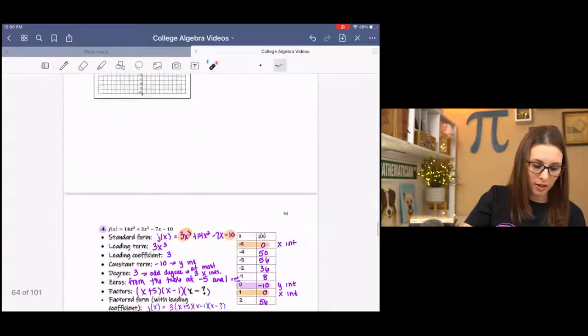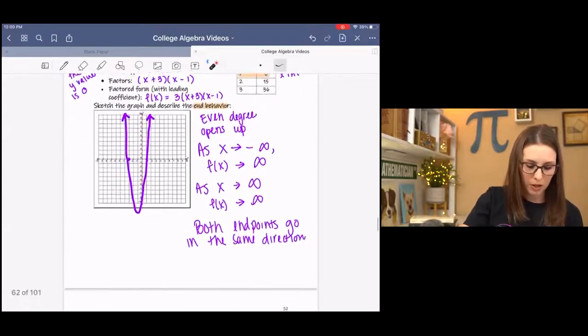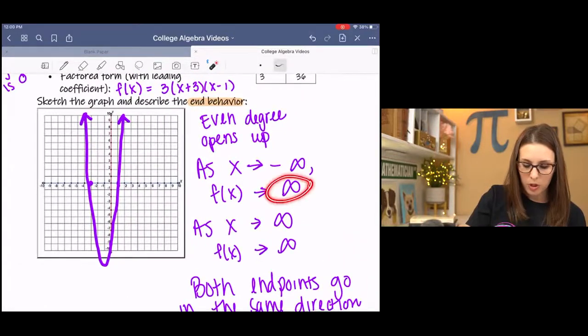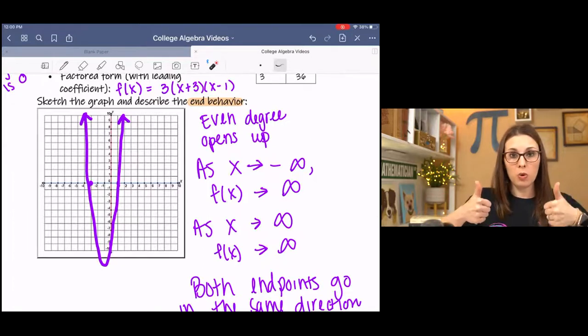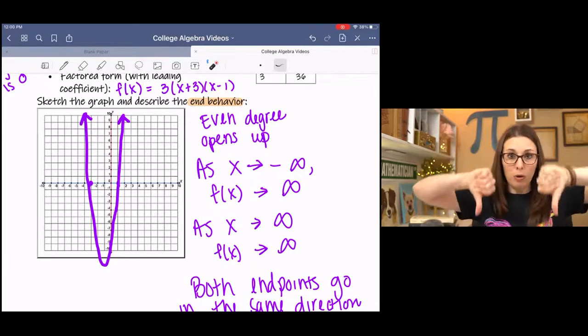And in the even degree polynomial that we had up here, the endpoints were going in the same direction. Anytime you have an even degree, even means 2, 4, 6, 8, 10, and so on, then your end behavior goes in the same direction. If it's positive, they're both going up, and if it's negative, they're both going down.